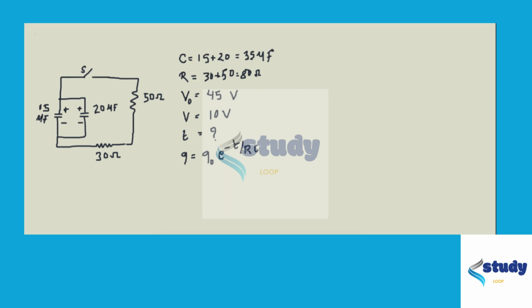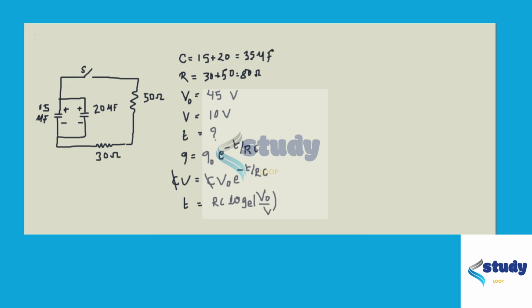Now since Q is equal to C into V, C times V equals C times V naught e to the power minus t by RC. So C gets cancelled out. This makes t equal to RC log e V naught upon V.